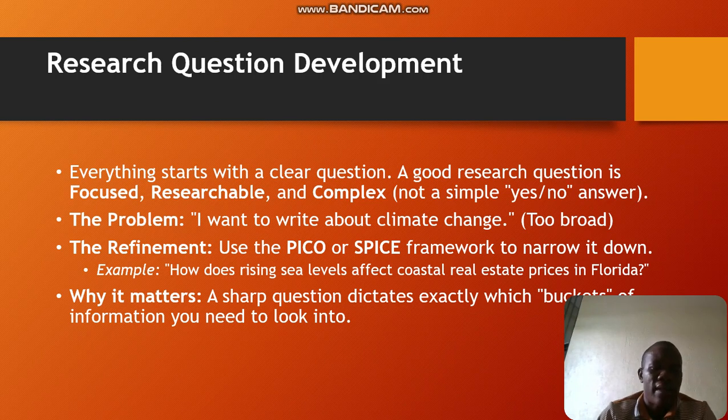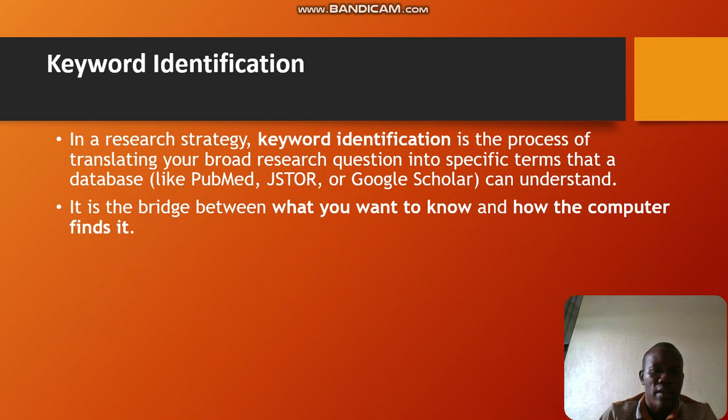Then with the refinement, this may call for the use of the PICO or SPICE framework to narrow it down. Example: how does rising sea levels affect coastal real estate prices in Florida? That is a clear example of this kind of question. Why it matters is because a sharp question dictates exactly which buckets of information you need to look into.